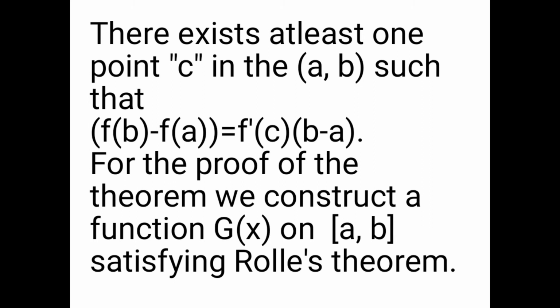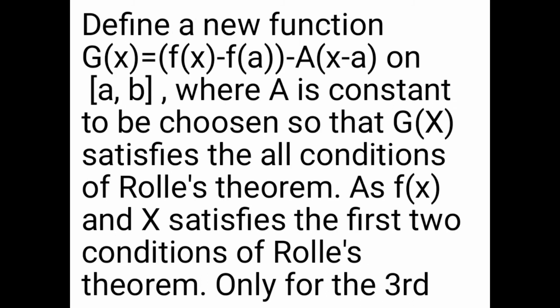For the proof of Lagrange's mean value theorem, we construct a function g(x) on the closed interval [a, b] such that it satisfies all the conditions of Rolle's theorem. In other words, we define a new function. Let us take g(x) equal to f(x) minus f(a) minus A into (x minus a) for every x in the closed interval [a, b].